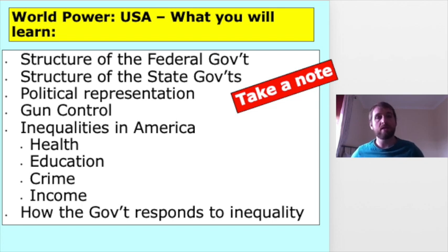And then we're also going to look at some of the government responses to inequality to try and solve the problem. I don't know about you guys, but I'm really looking forward to getting hunkered down and getting going with next year's work, and start working on our qualifications and moving forward with things that we need to know and get back to some sort of sense of normalcy.